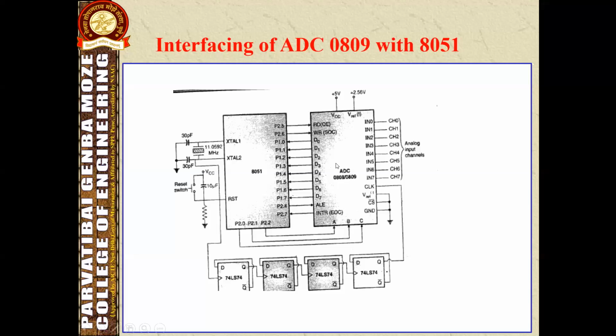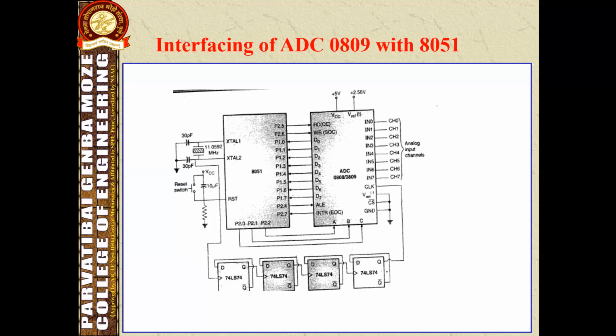Now let's see interfacing of analog to digital converter with the 8051. Here the figure shows the interfacing of an 8-channel 8-bit analog to digital converter to the 8051. And here the ADC 0808 has 8 input channels.